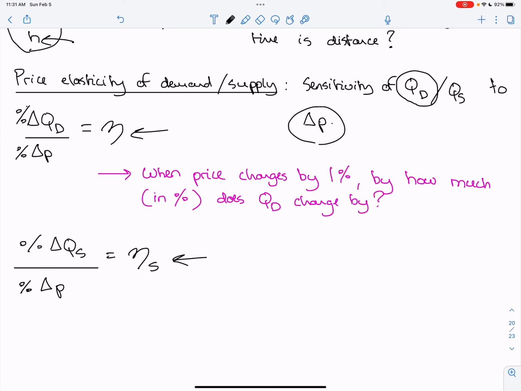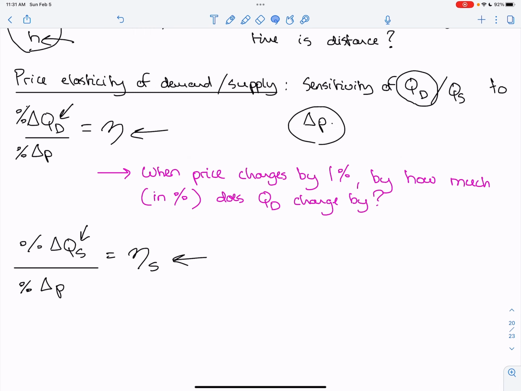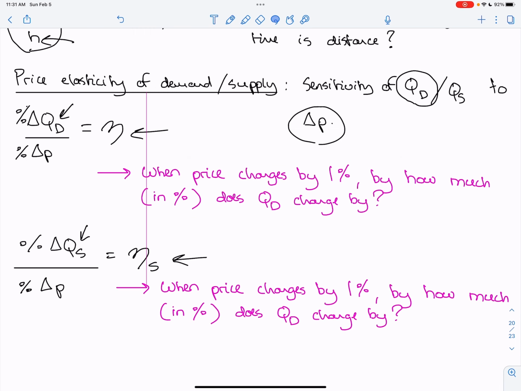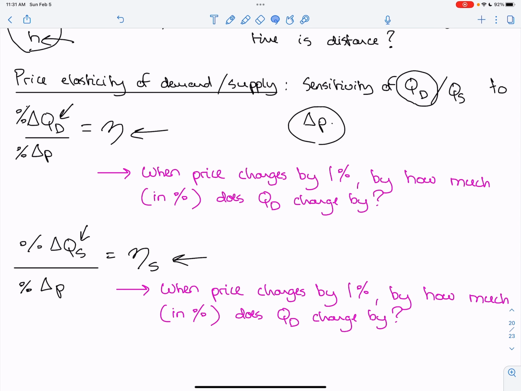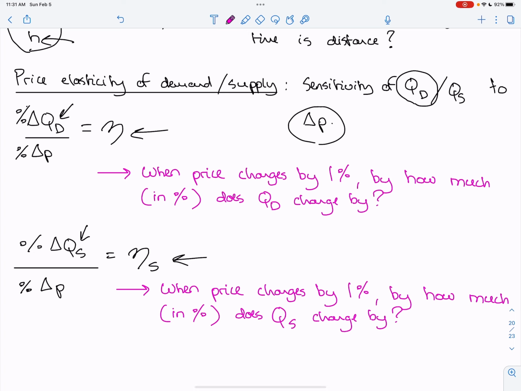The difference between the two is just that over here we have quantity supplied, whereas over here we have quantity demanded. Okay. Now, of course, in the second case, what question would it be answering? Well, it would simply be answering the question, when price changes by 1%, by how much in percentage does quantity supplied change by? Okay, so that's price elasticity of demand and price elasticity of supply.